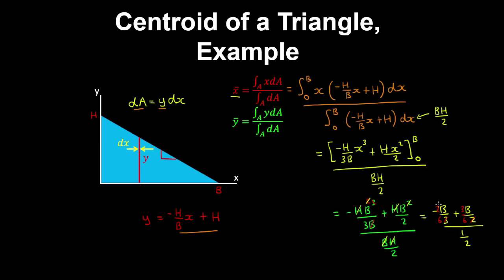So what you get is 1 on 6 on a half, or b on 3. And this is a well-known centroid of a triangle, which is 1/3 of the distance from this side. And I'll leave it for you to evaluate this integral to verify that y bar is equal to h on 3.